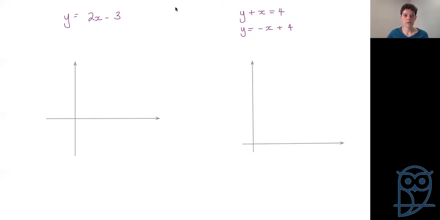So we have a y and an x. We have a y and an x. Now, first one, gradient is 2, intercept is minus 3. So we start at the point minus 3. Okay. And this one, our intercept is plus 4. So plus 4 will be our intercept.